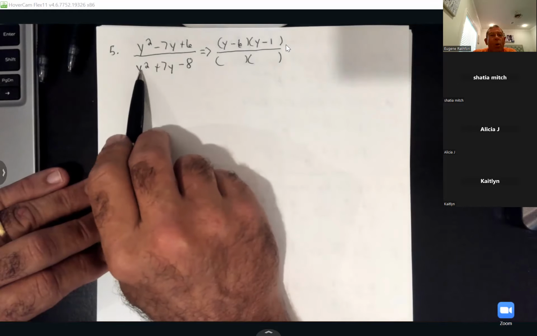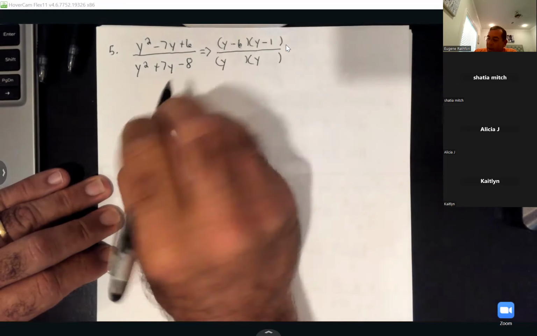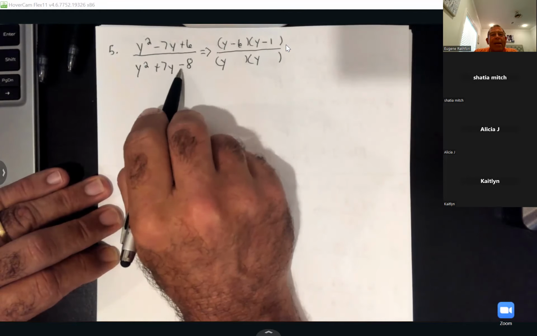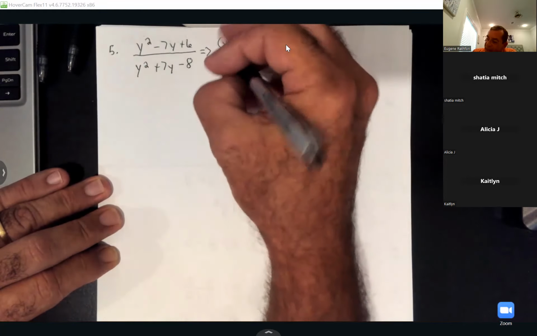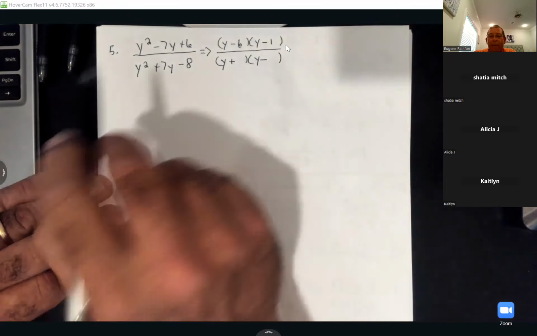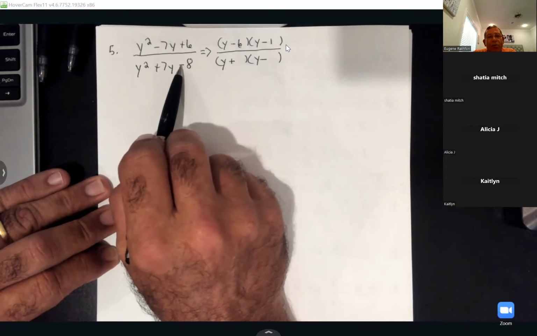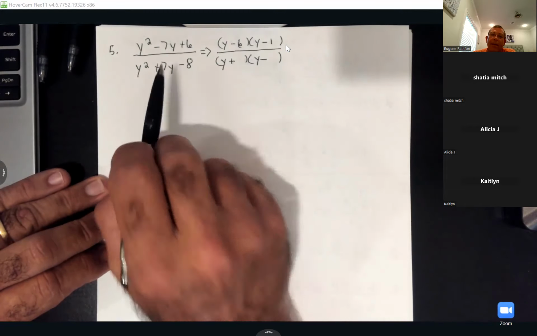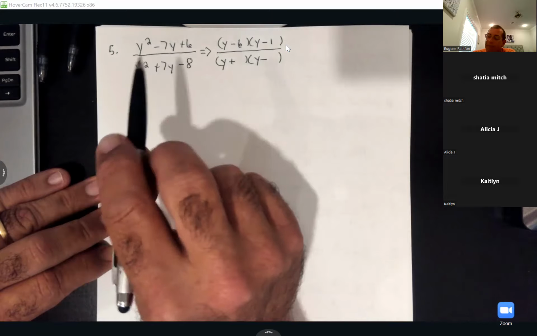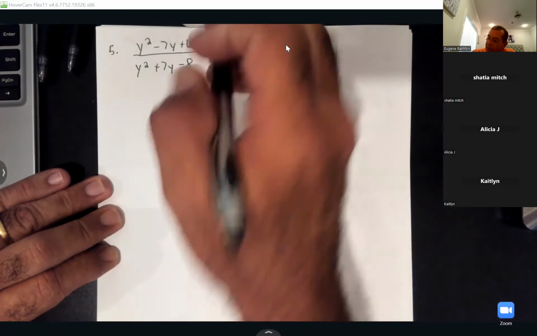Now the bottom, I got a y squared, so that'll be a y and a y. But y'all, this last number is negative. So anytime the last number is negative, you have one positive and one negative. And then we need factors of this last number that subtract to get 7. That'll be 8 and 1. And remember, the larger number has to be positive like the middle.